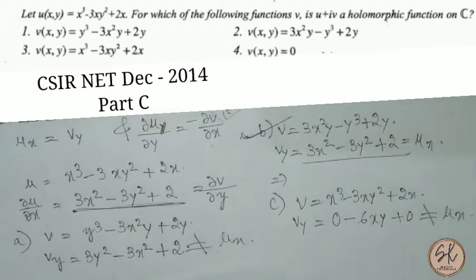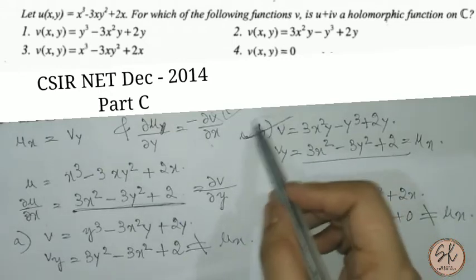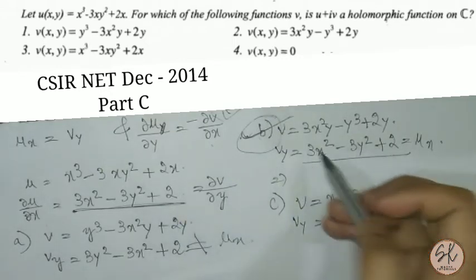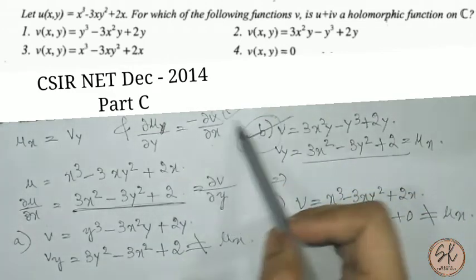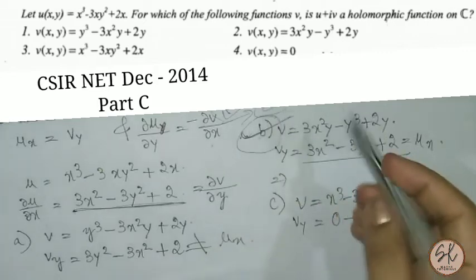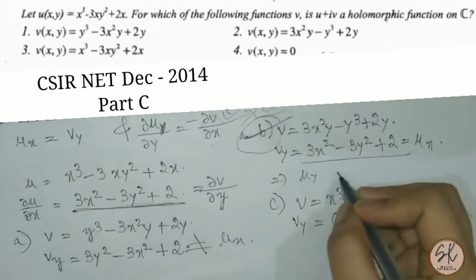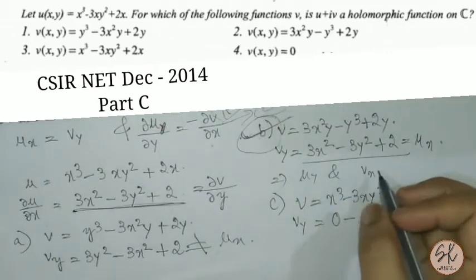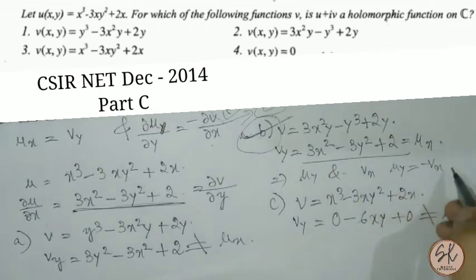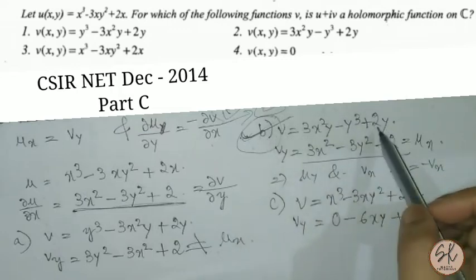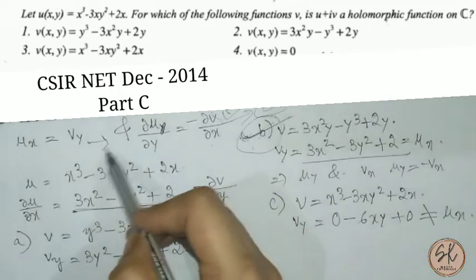So here B is the answer. For being 100% sure, you can also check the other equation, by finding del u by del y and del v by del x. Here del u by del y must be equal to minus del v by del x, as it is already satisfying equation 1, that is this one.